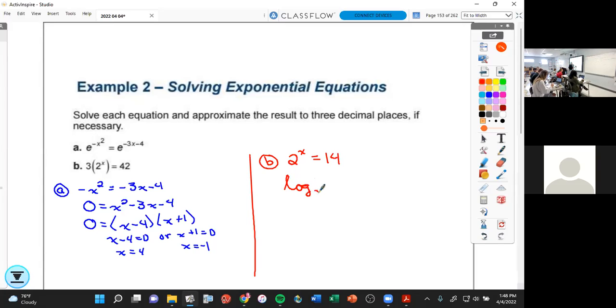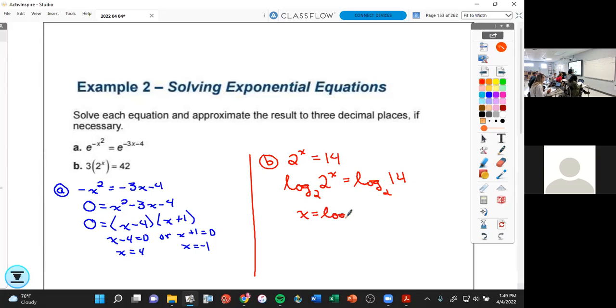So log base 2 of 2 to the x power is equal to log base 2 of 14. Log base 2 of 2, what's that? That's 1. So the x comes out front. Log base 2 of 2 is 1. So I now have x equals log base 2 of 14.